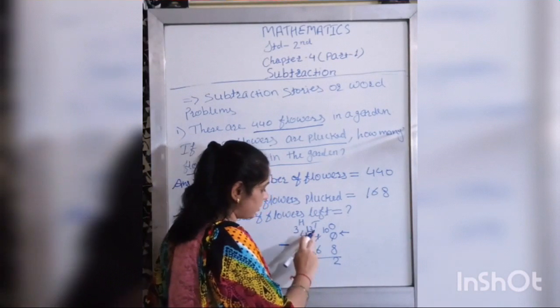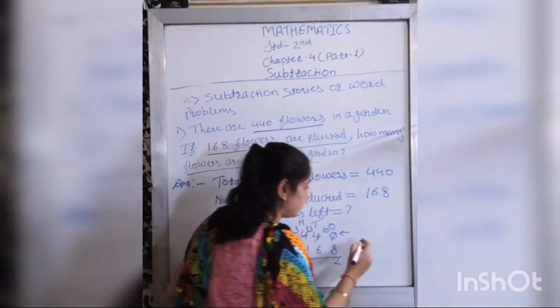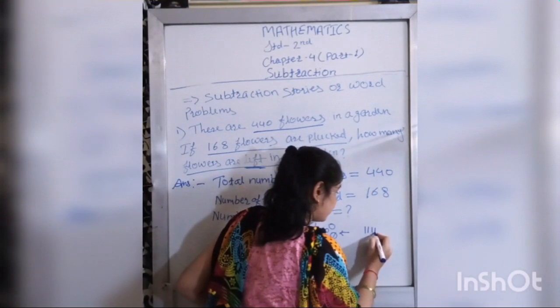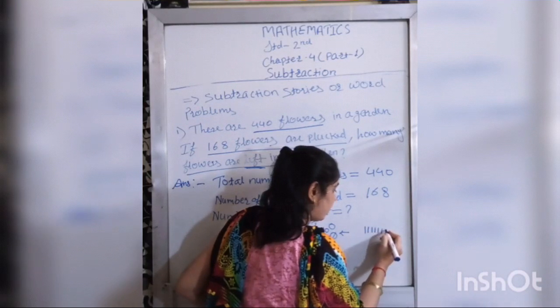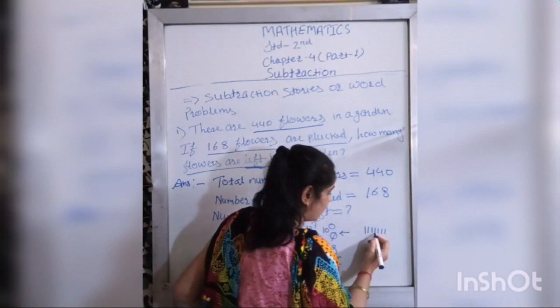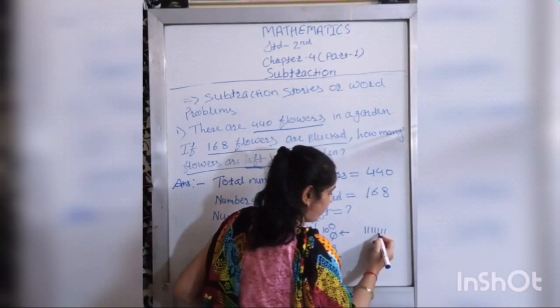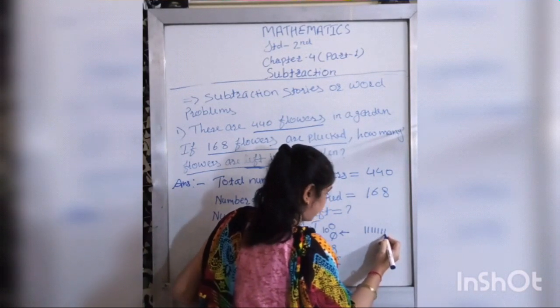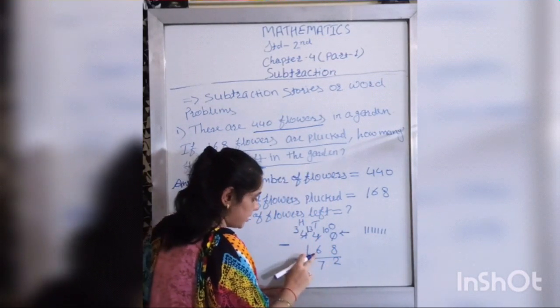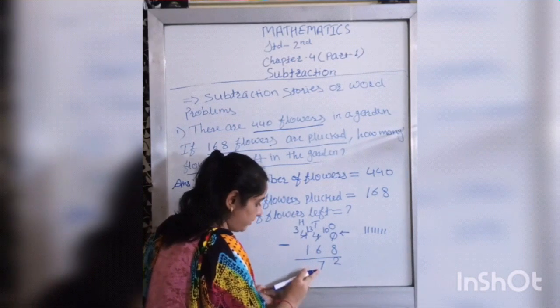Count after 6 till we get 13: 7, 8, 9, 10, 11, 12, 13. Count these lines: 1, 2, 3, 4, 5, 6, 7. So 13 minus 6 is equal to 7.